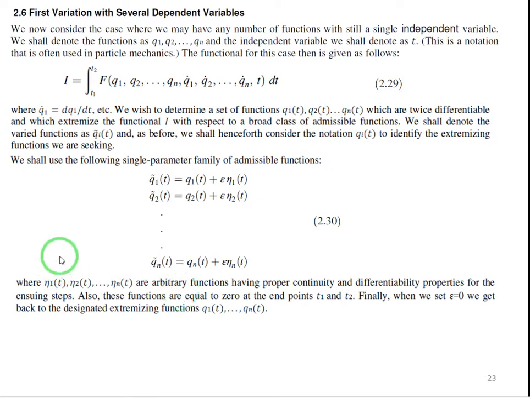As you may know, in our previous session, we talked about a special case when our functional is a function of more than one dependent variable, or in other words, we have n unknown functions q1 to qn, and our functional is represented in the following form.